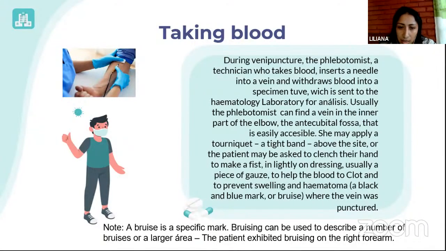or the patient may be asked to clean their hand to make a fist. Usually a piece of gauze helps the blood to flow and prevents swelling and hematoma. A hematoma is a black and blue mark or bruise where the vein was punctured.